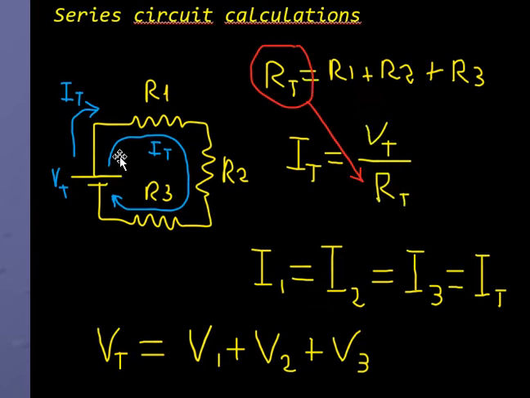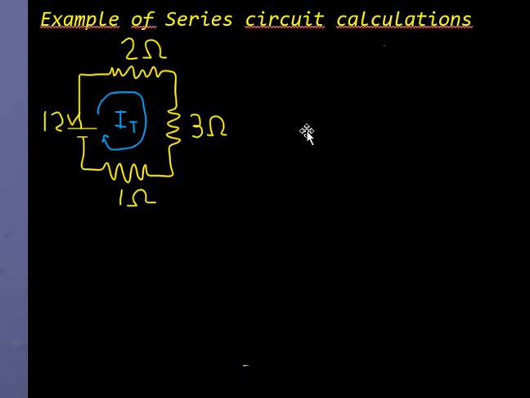As you remember, in series connection the current is the same through all the three resistances, so the current would be the total we already calculated, and we will see later how to work out the voltage drop in each resistance. So let's start with this example in which we have this circuit with these three resistances.